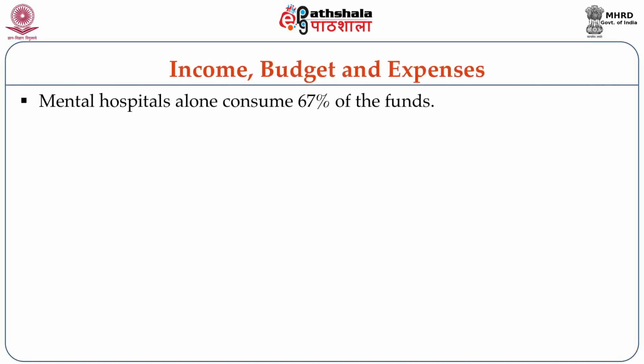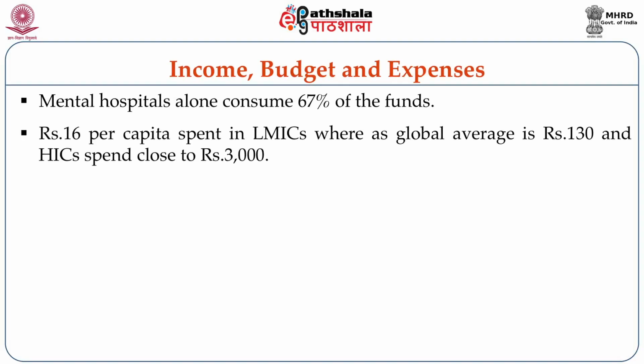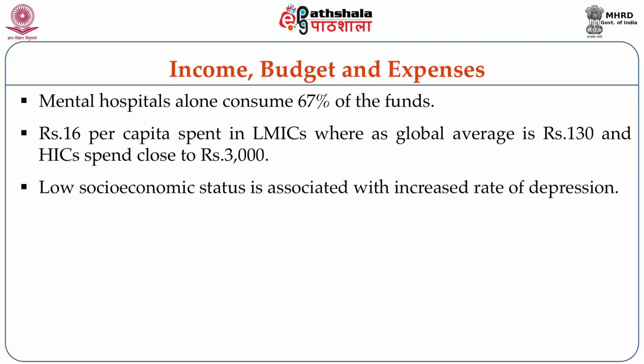Mental hospitals alone consume 67% of funds. Rupees 16 per capita is spent in lower middle income countries, whereas the global average is 130. And high income countries spend close to 3,000. So you see the big variation in the kind of spending on mental health services.